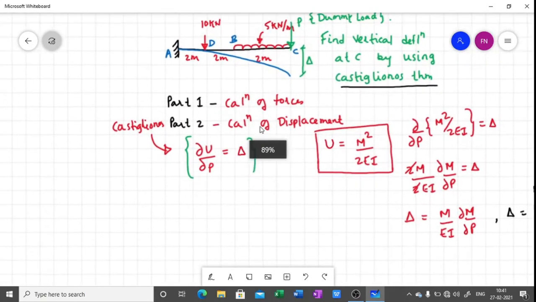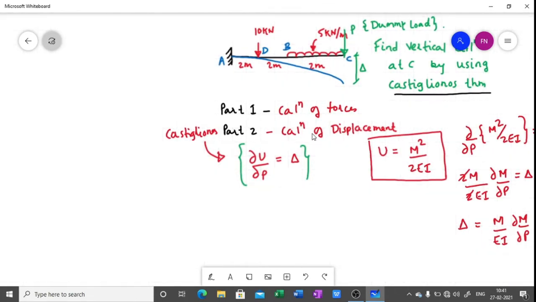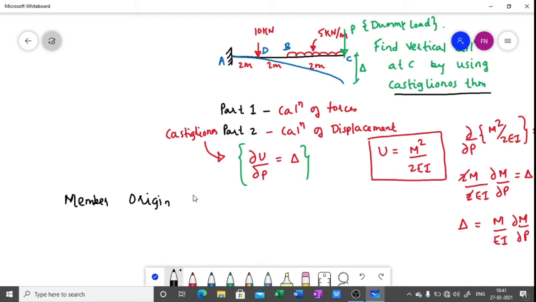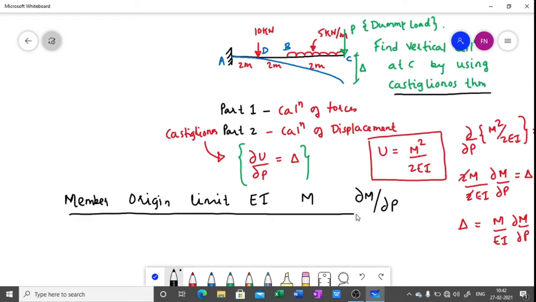Now we need to prepare one table. The table is very important. We need to define member, origin, limit, EI, the value of flexural rigidity, M, and dou M by dou P. In case of a cantilever, to make our analysis and calculation easy, always take members from the free end.